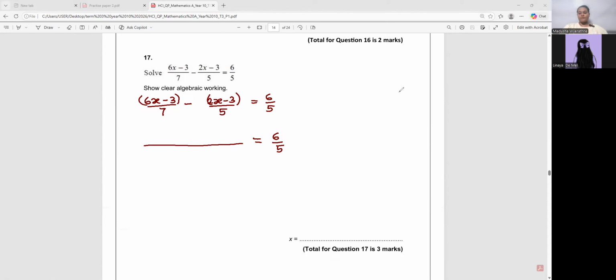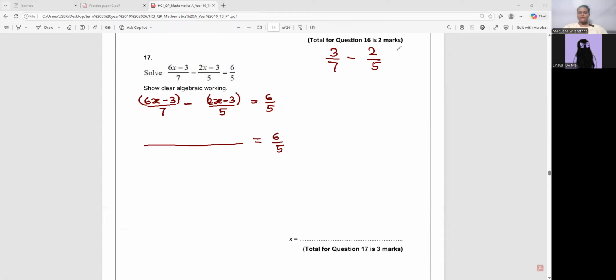Here, Linaya. Yes, teacher. So could you do this one? Teacher, I did not understand that question. So these are like normal fractions, like 3 over 7 minus 2 over 5. Forget about the right hand side.